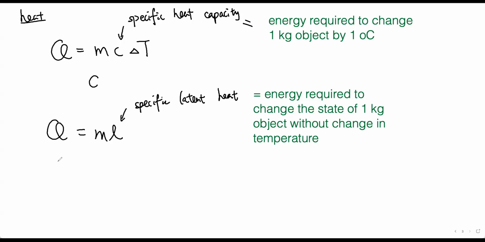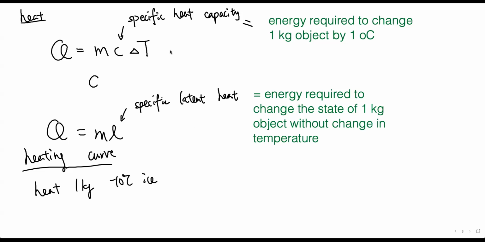Now let me also draw a heating curve. So let's say you're heating 1 kilogram of ice at negative 10 degrees Celsius, and I want to draw the temperature against time.